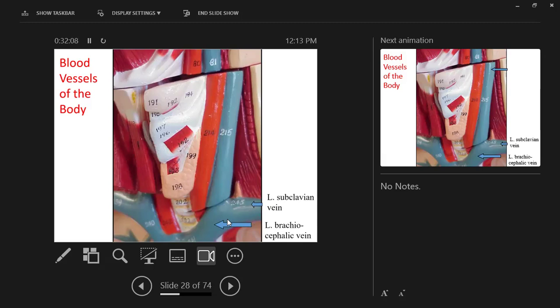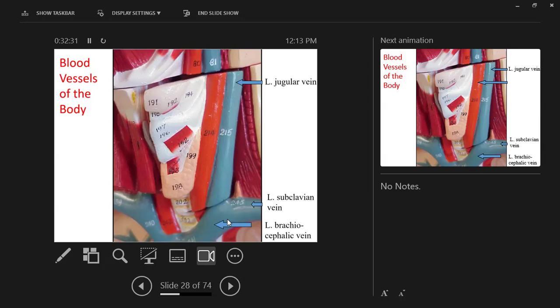It's formed from the left subclavian and this vein right up there. And that vein is one you've probably all heard of. That is the jugular vein. So the left jugular vein coming down from the brain joins the left subclavian to give you the left brachiocephalic.